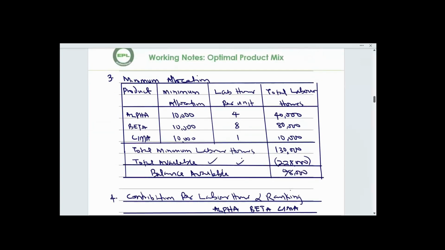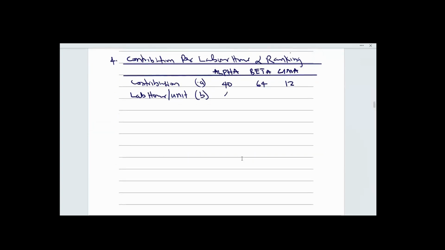We calculated 4, 8, 1. Therefore, contribution per labor hour, that is A divided by B. 40 divided by 4 will give us 10. 64 divided by 8 will give us 8. 12 divided by 1 will give us 12.